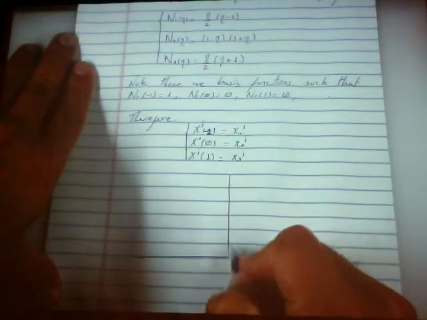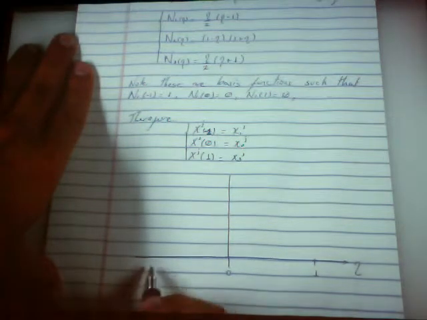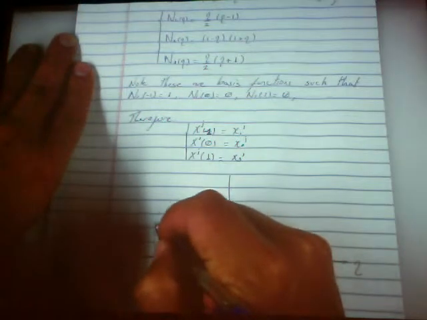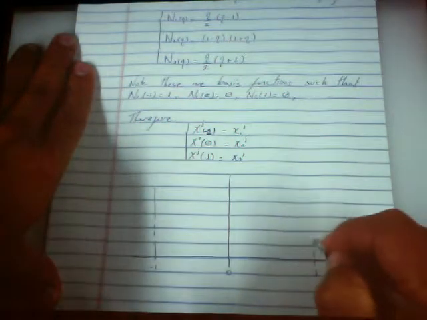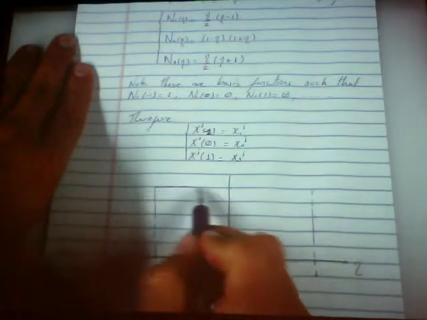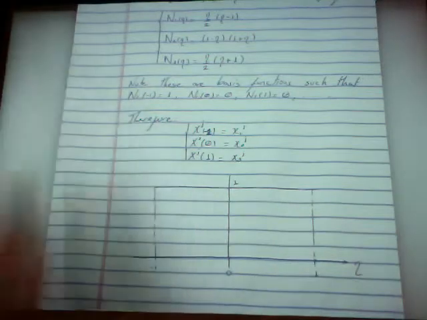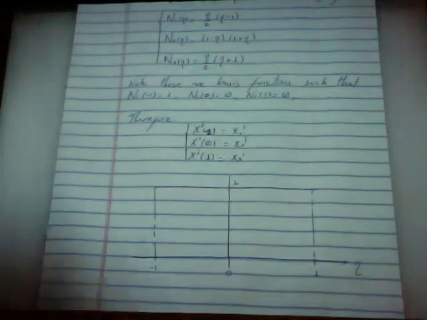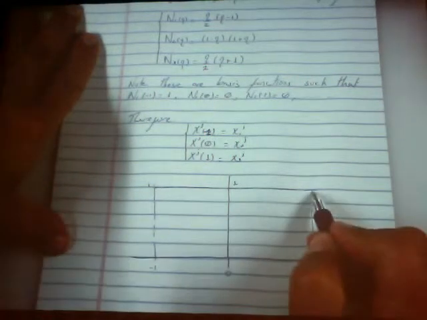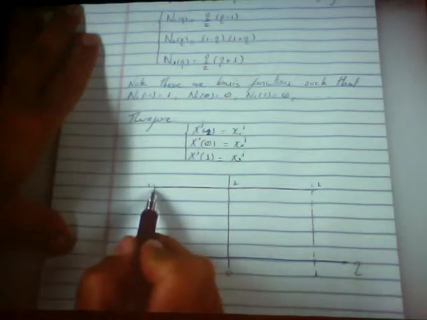Put the 0 here, 1, and minus 1. So this is 1, and obviously this is 1, and this is 1. So N1 goes like this.